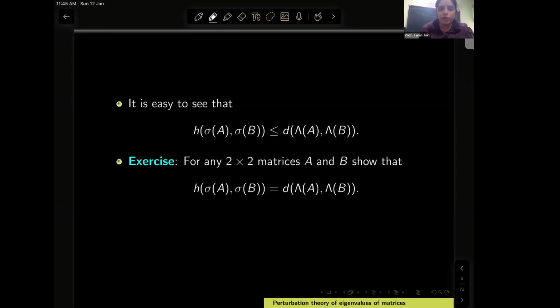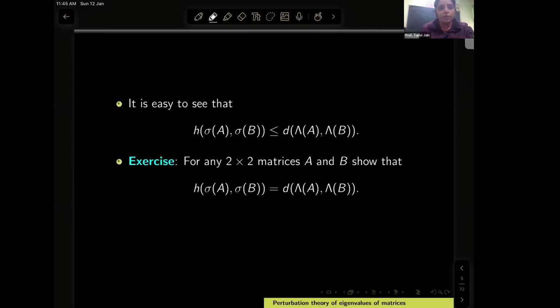After talking about this, we'll spend a few more minutes on this Hausdorff metric. So one can see that H(σ(A), σ(B)) is less than or equal to d(λ(A), λ(B)).